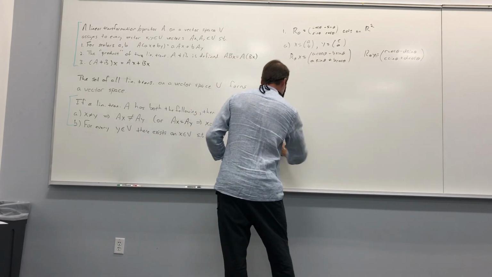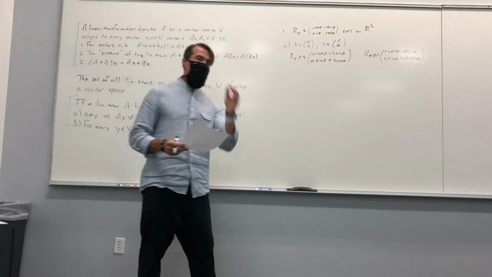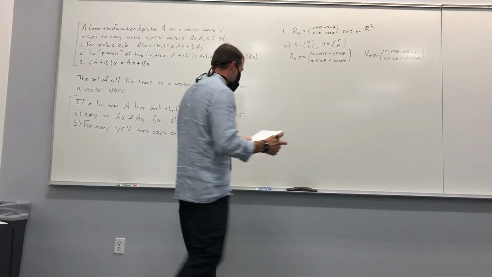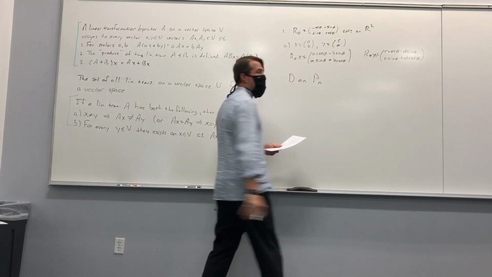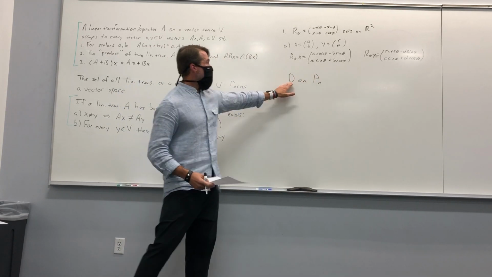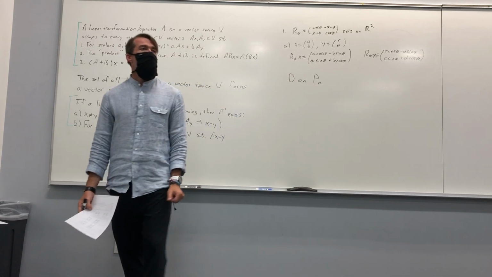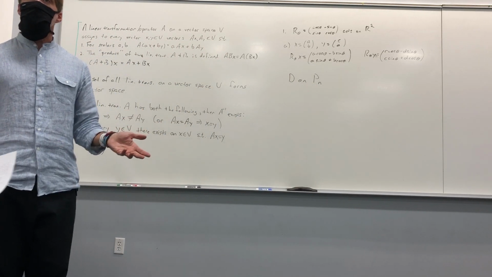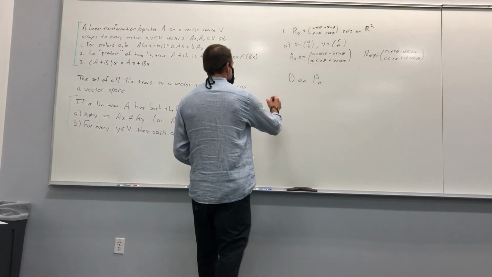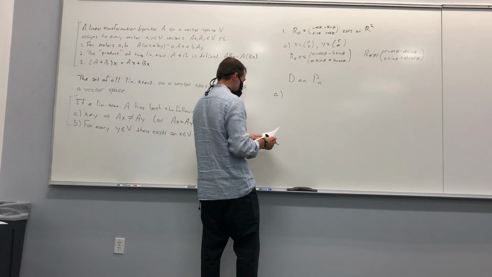Any more abstract example, and I hope you realize I'm just going to beat the crap out of these polynomials. How about D on Pn? That is the first derivative acting on the set of polynomials to degree n. Does this have an inverse? Well, let's consider the two conditions.